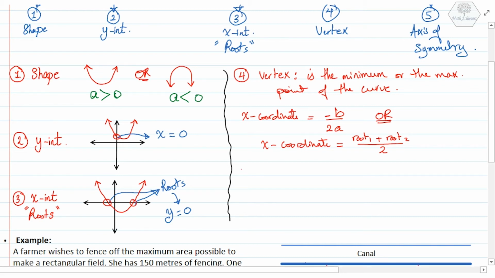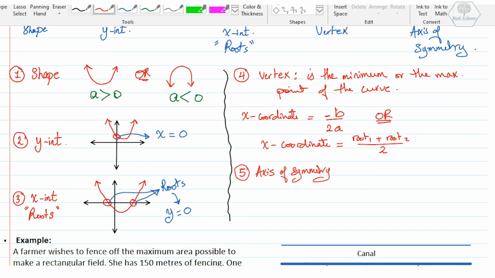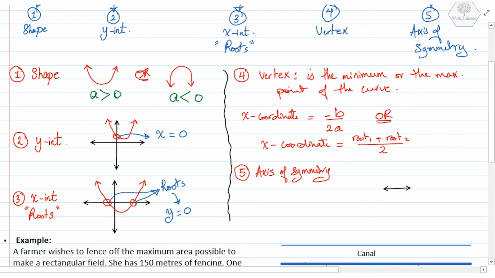The fifth thing that we have to know is the axis of symmetry. The axis of symmetry has an equation. Let's have an axis.